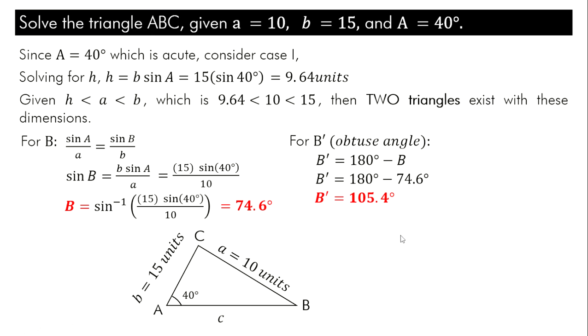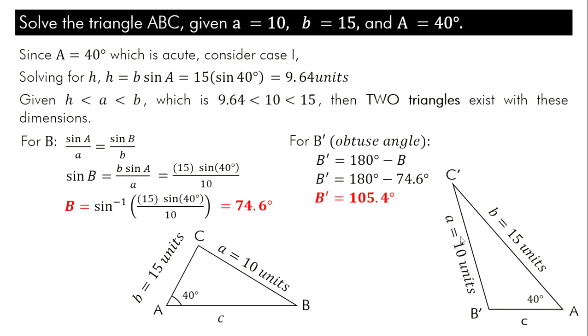But here, if we form this triangle, angle A is 40 degrees and angle B prime is obtuse. In constructing this, angle A again is 40 degrees and angle B prime is 105.4 degrees. So we have two triangles and two possible solutions.